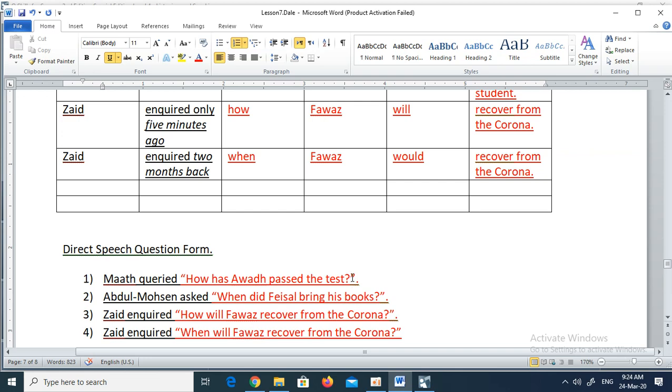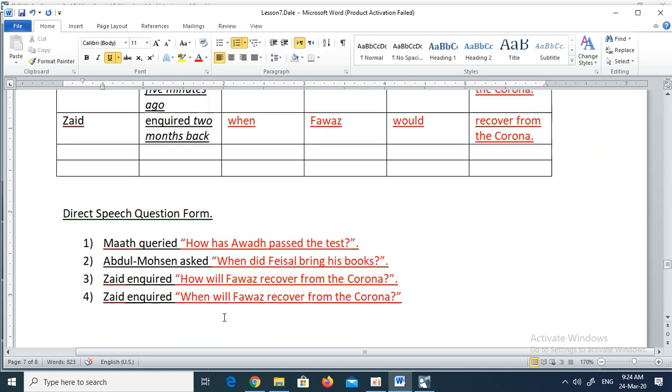And again, because they are all asking questions, you would end the section in the direct speech with a question mark, and you will use the verb in the actual form and tense that they used for it in the original question.